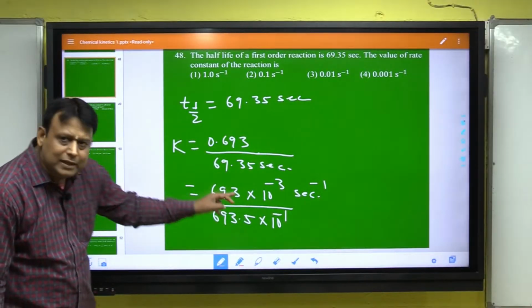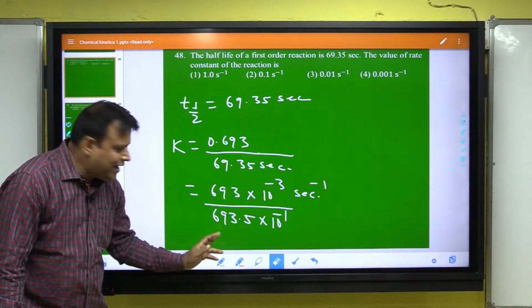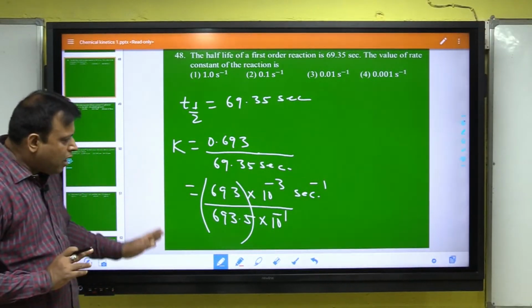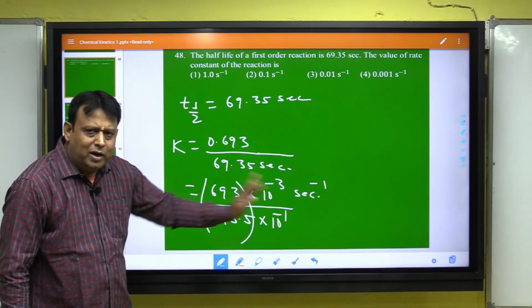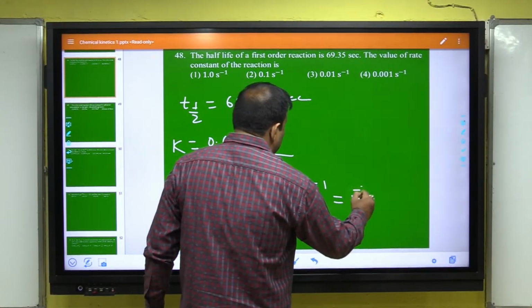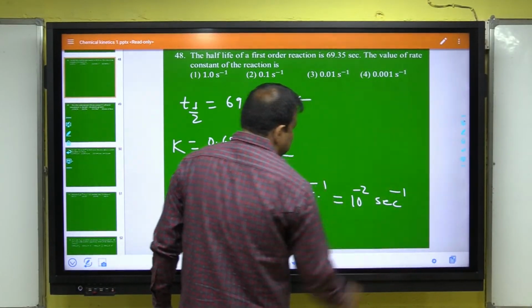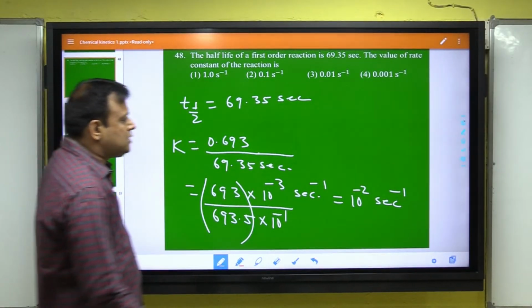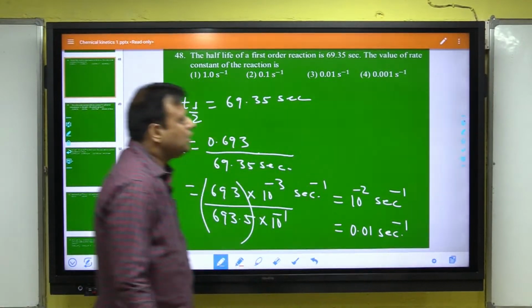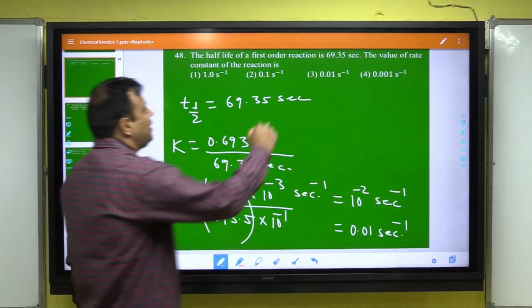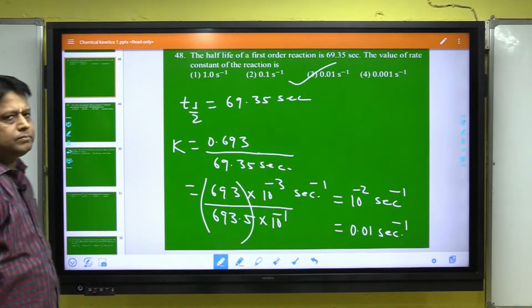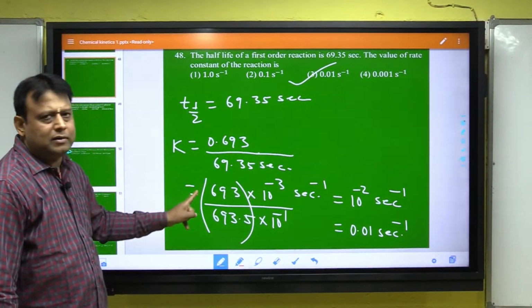Listen, 693 dividing by 693.5 is approximately 1, then 10 to the power -1 and 10 to the power -3 give 10 to the power -2 second inverse, and 10 to the power -2 means 0.01 second inverse, and hence option number three is correct. Clear? Clear about number 48.